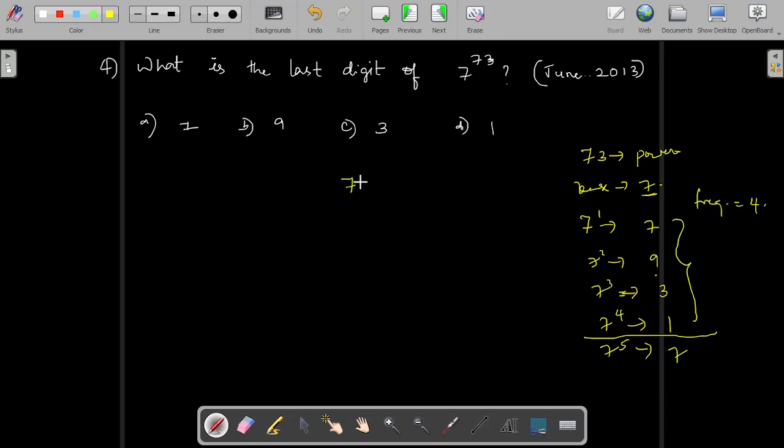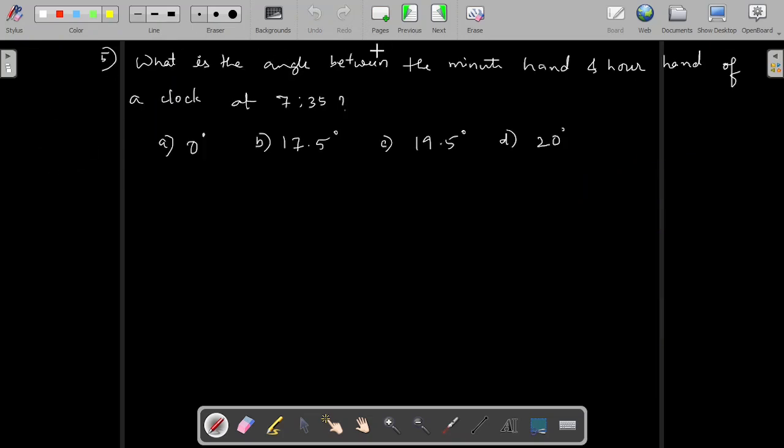Therefore, you have to divide the given index by 4. This gives quotient 18 and remainder 1. Based on this remainder, the last digit is 7 to the power 1, which is equal to 7. Therefore, the first option is the answer.